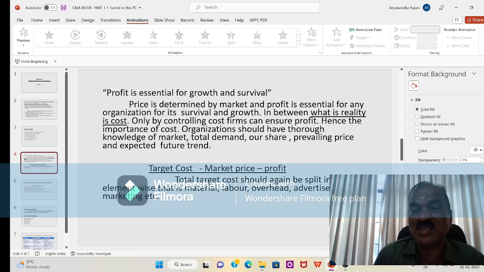So, cost is the primary consideration of any business unit because selling price is market controlled and profit is essential.